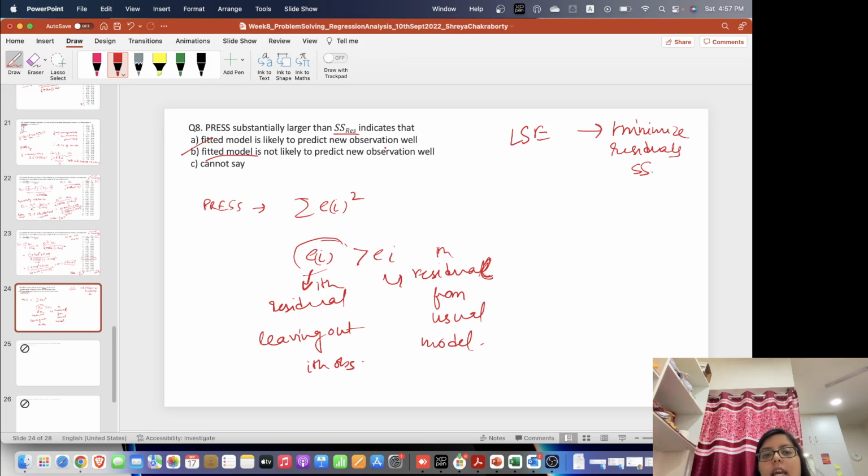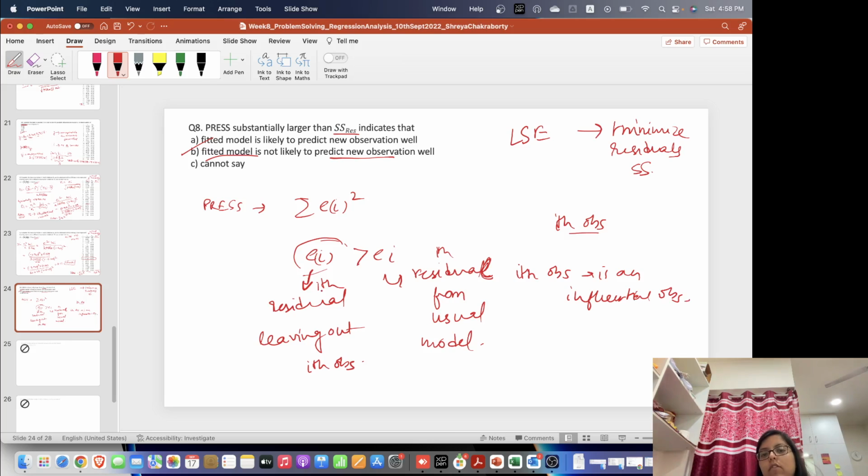So then we can say that if PRESS is substantially larger than the sum of squares due to residuals, then the fitted model is not likely to predict new observations well, because if the ith observation is an influential observation, if there are more influential observations, then the PRESS statistic would be higher.